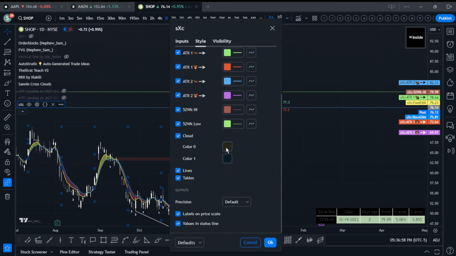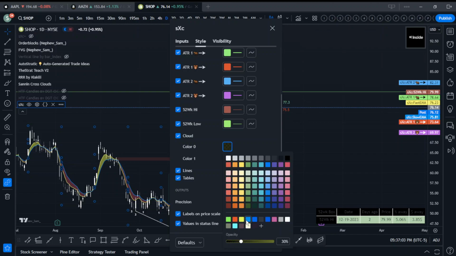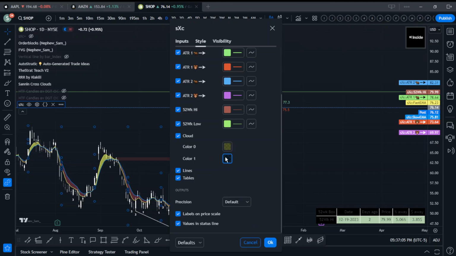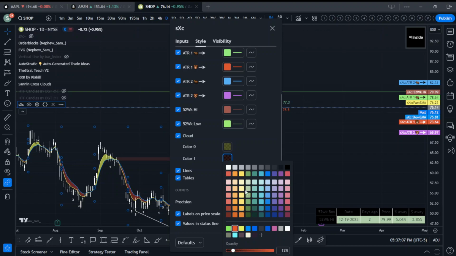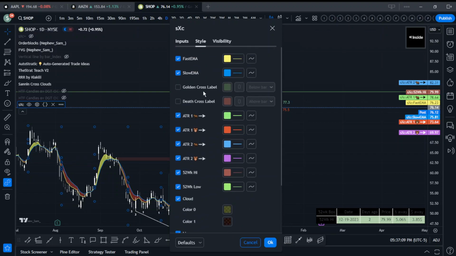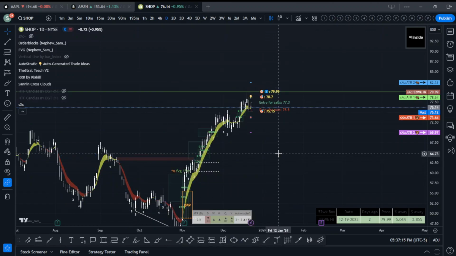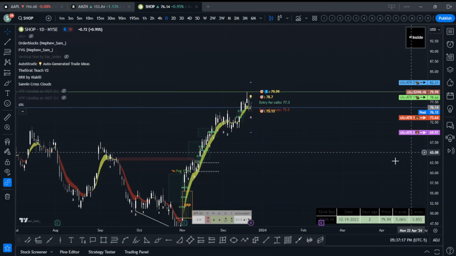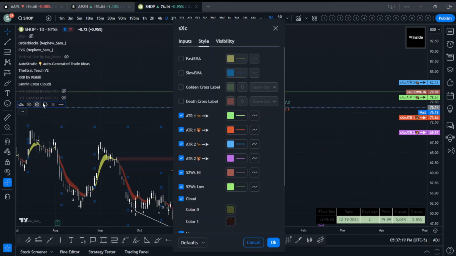Changing the color of the Sannin clouds. I like the uptrend to be golden and the downtrend to be red. And then I don't like to actually show the EMA lines. And so that's how you get it like that. All right. Almost there.